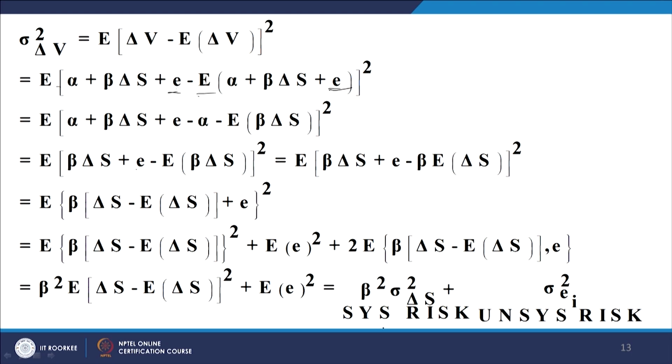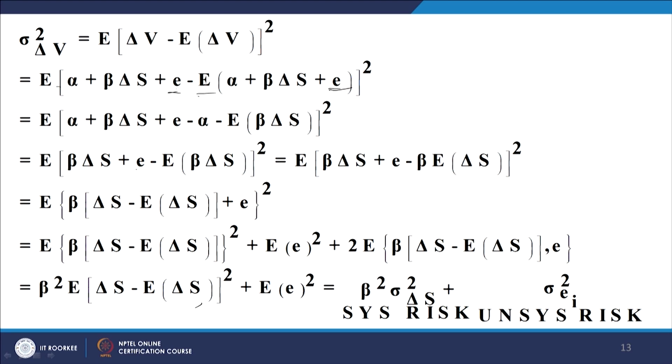So, when we do the squaring, we note that beta is not stochastic, not random, because it is determined by the OLS equations, ordinary least square equations. So, beta square goes out of the expectation operator, and we are left with delta S minus E delta S. E delta S is the expectation of delta S. E represents the expectation operator, the mean value.